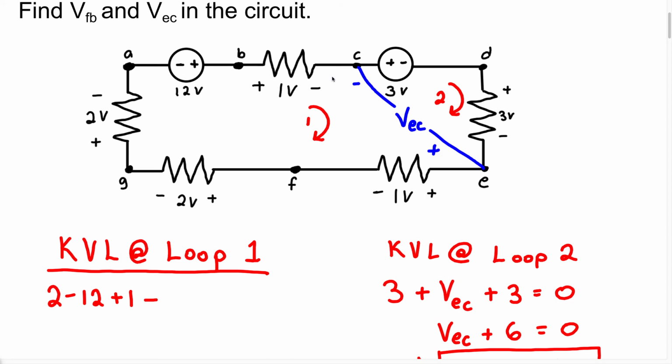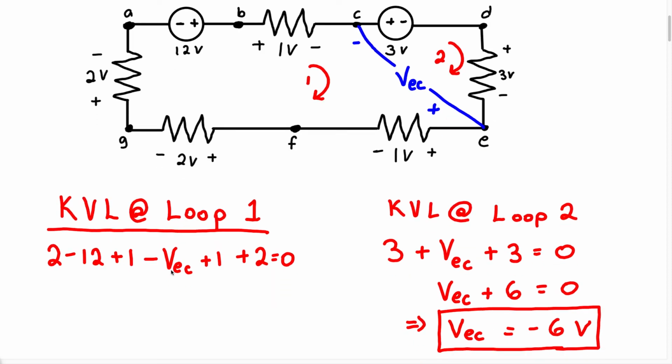We're going to write minus. And the voltage across this wire is going to be VEC. So you have minus VEC. Then we're going to have plus 1 as we continue. We have plus 1 volt across that resistor. Plus 2. And we know we started right here. Therefore, this is where we're going to stop. And all of this should equal 0.